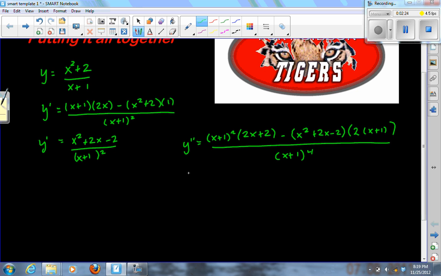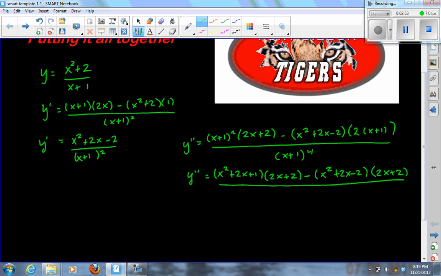So cleaning this up would be x squared plus 2x plus 1 times 2x plus 2, minus x squared plus 2x minus 2 times 2x plus 2. Okay, all this is over x plus 1 to the 4th.